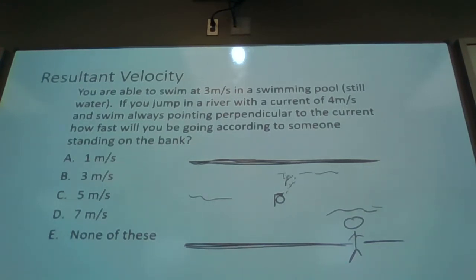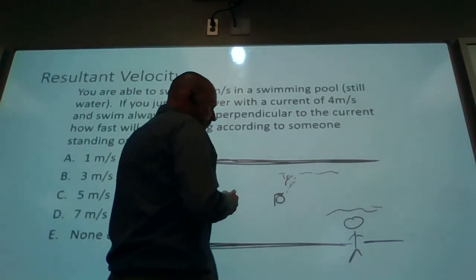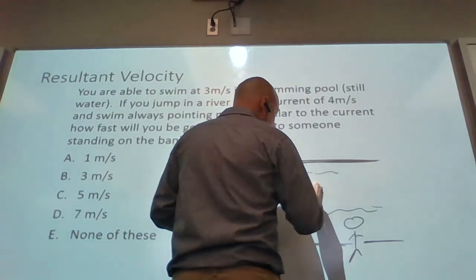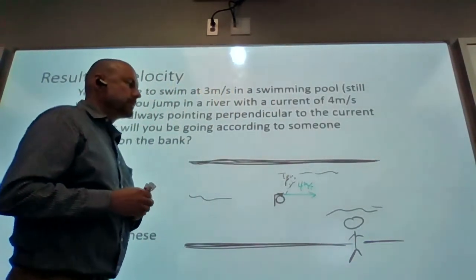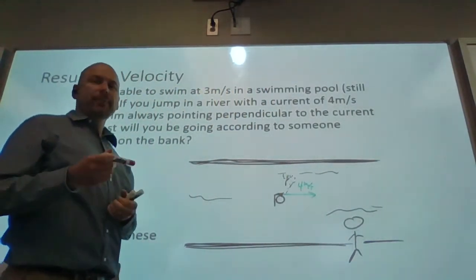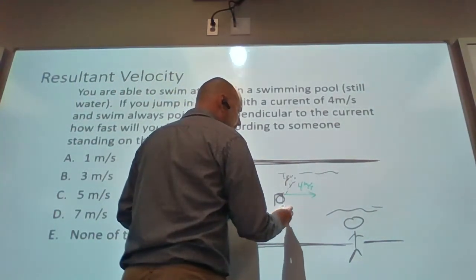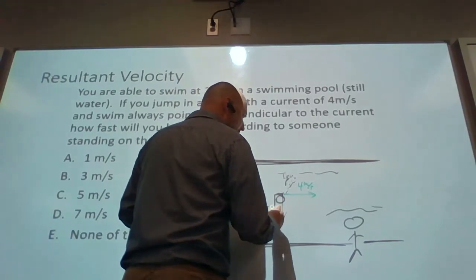Correct answer is okay. River's going downstream, 4 meters a second. You are swimming across the river at 3 meters a second.